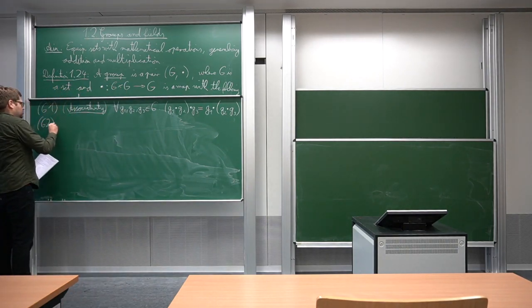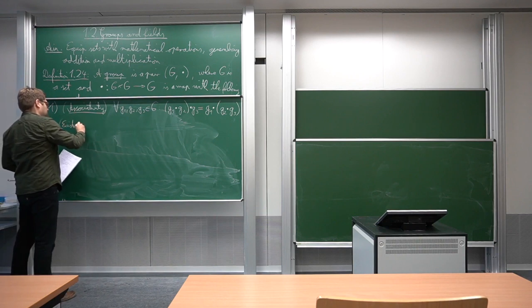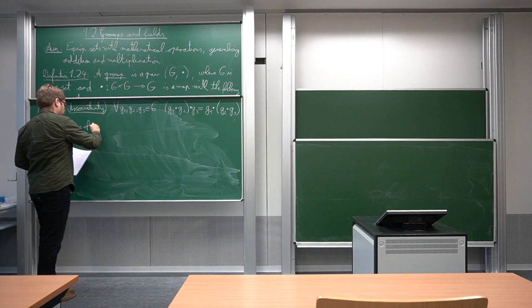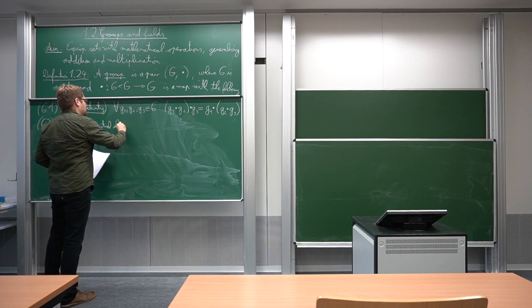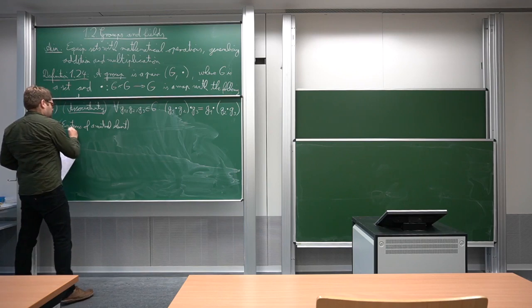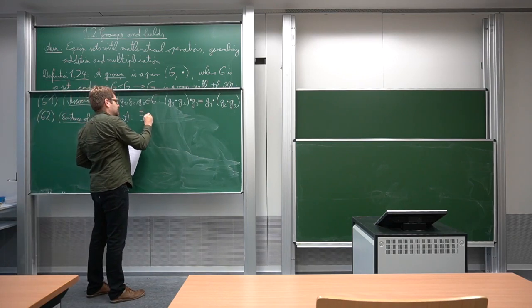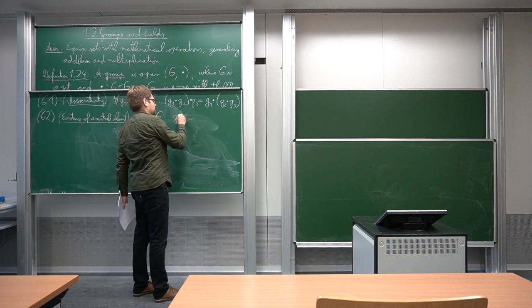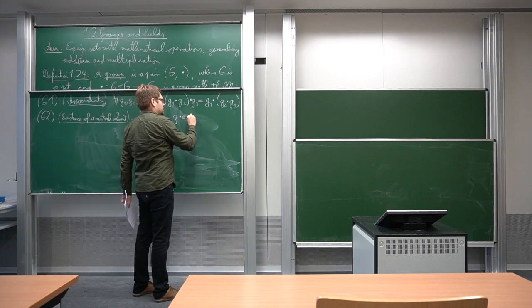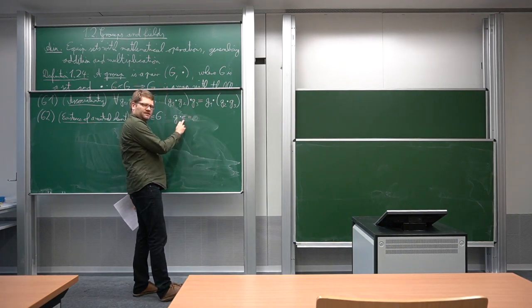Second thing, G2, this is what you can call existence of a neutral element. Namely, there exists an element E from G, such that multiplying with E doesn't change anything.